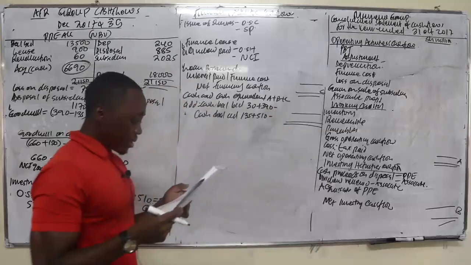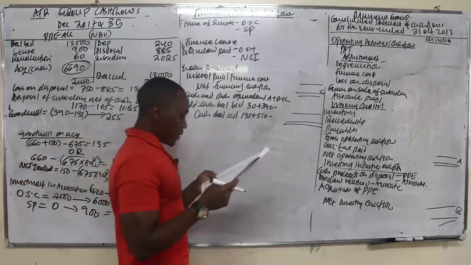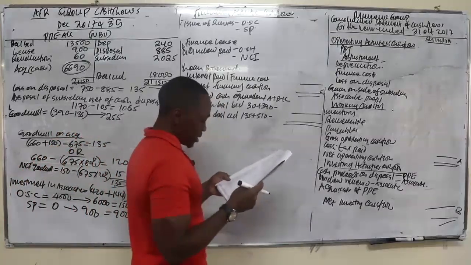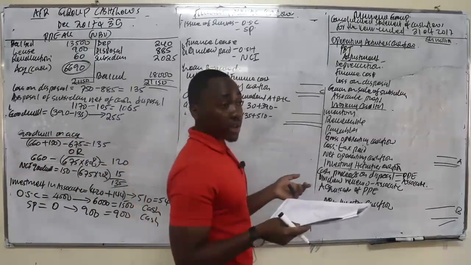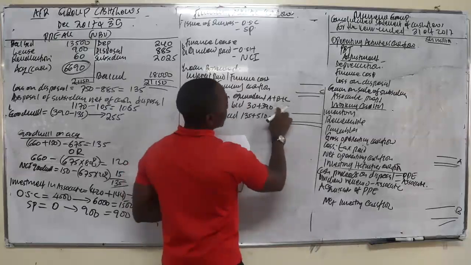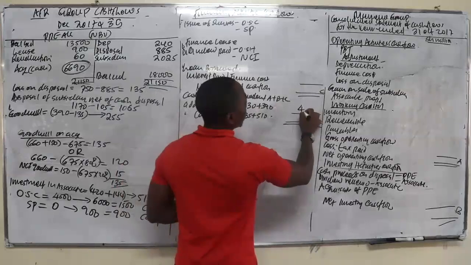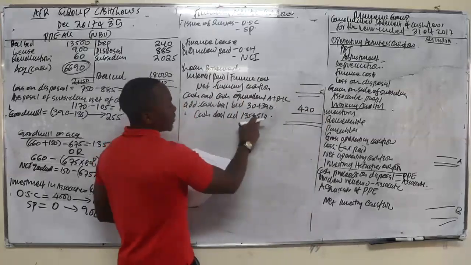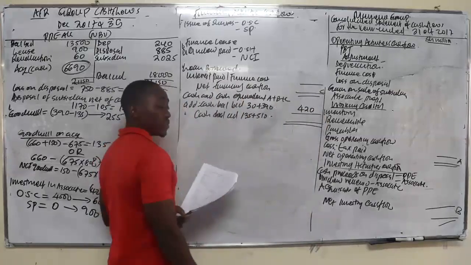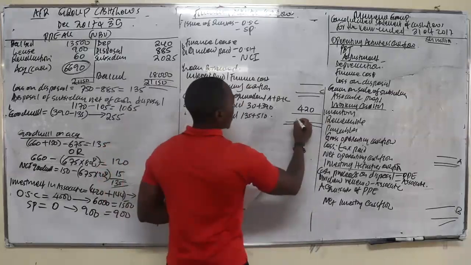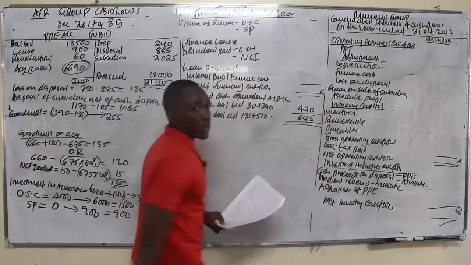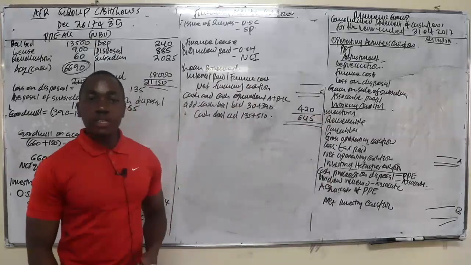Let's go to the current liabilities. Did you have any bank balance? We didn't have any bank overdraft, right? Good. So you minus 0. 90 plus 390 you get 420. 135 plus 510 you get 645, right? 640. Yes, and you get a ticket to get another free mark.